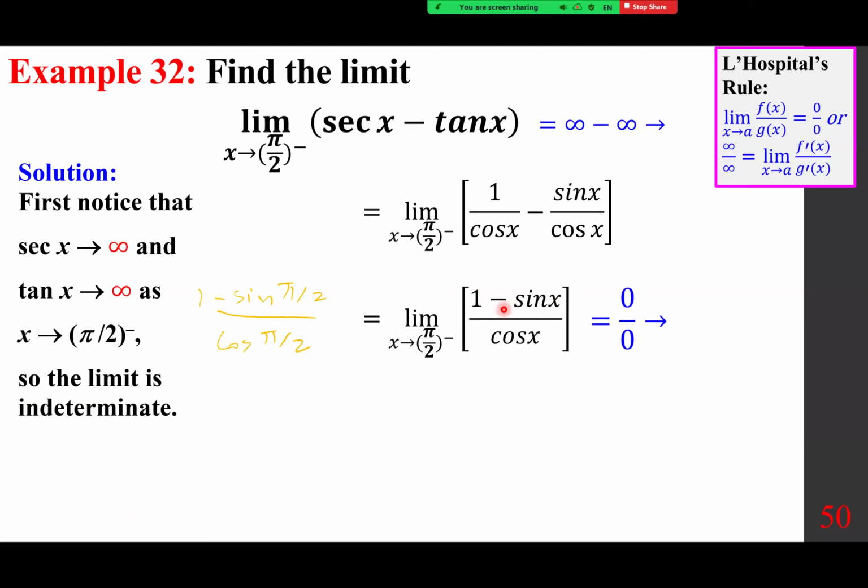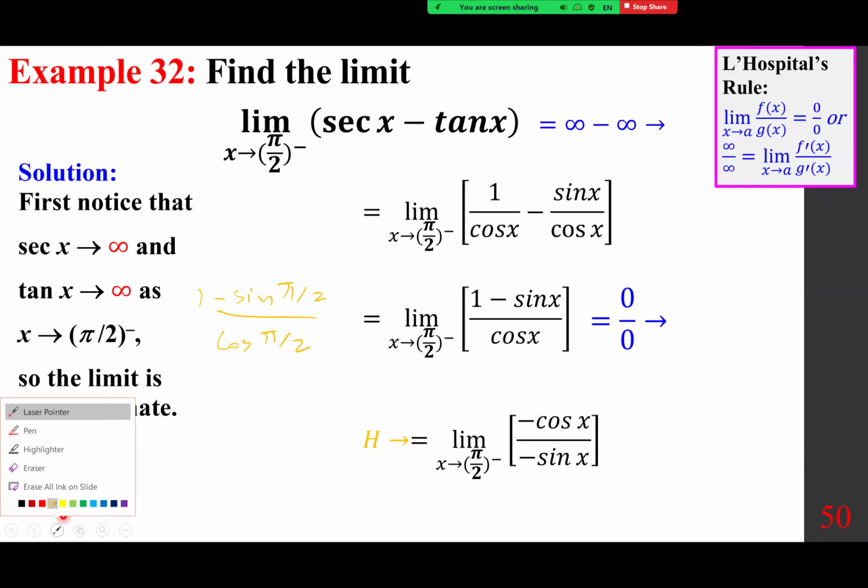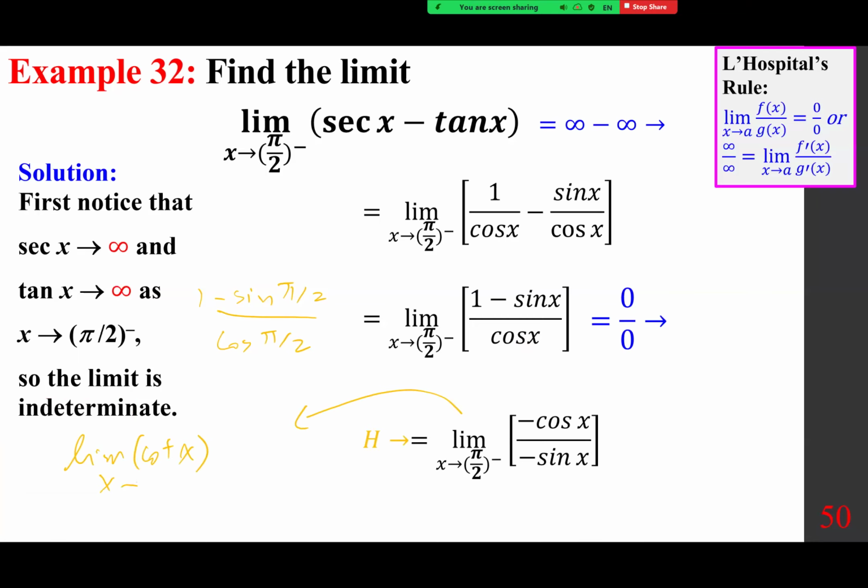1 goes away. Negative sine gives me negative cosine. Positive cosine gives me negative sine when I differentiate. So that means now I am looking at, there are two ways to do that. You can say this is the limit of cotangent x as x approaches pi over 2 from the left, and you may know that cotangent of pi over 2 is 0.